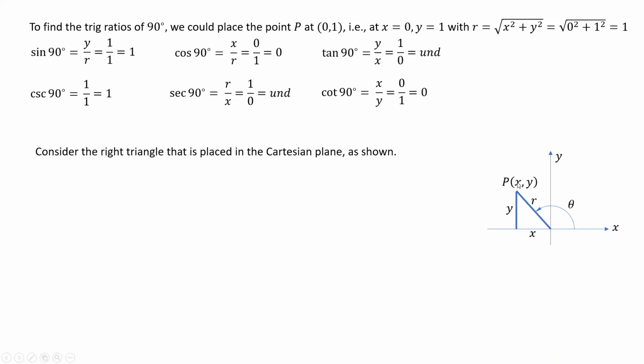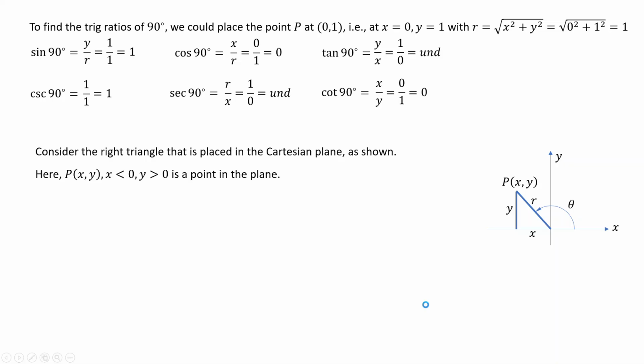So the way we analyze trig functions for angles greater than 90 degrees is this way. We will place this line segment at whatever angle we want from the positive x-axis. Here, something greater than 90, located here.